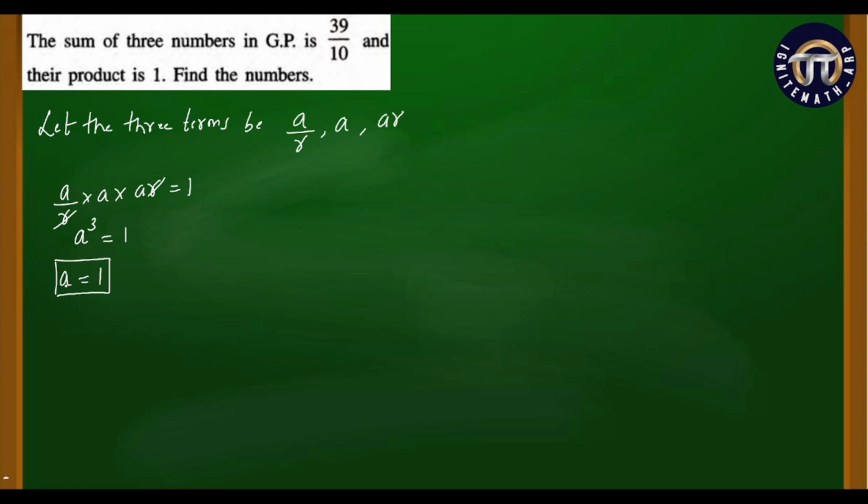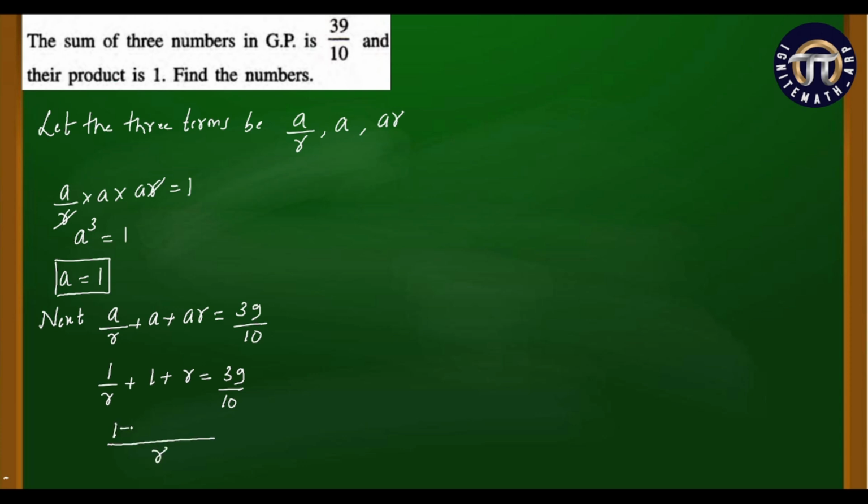Now second part of the question. The sum of the 3 terms is 39 by 10. So now what I'm supposed to do? Sum of the 3 terms, in the sense A by R plus A plus AR is equal to 39 by 10. So I have got to know that A is equal to 1. So I can write this one as 1 by R plus 1 plus R is equal to 39 by 10. So when I take LCM and simplify, I can write this one as 1 plus R plus R square is equal to 39 by 10R.